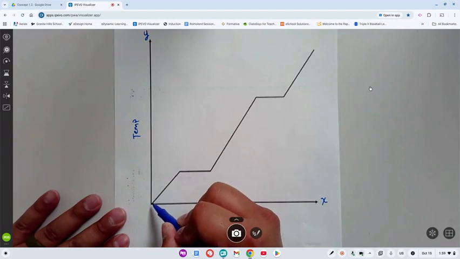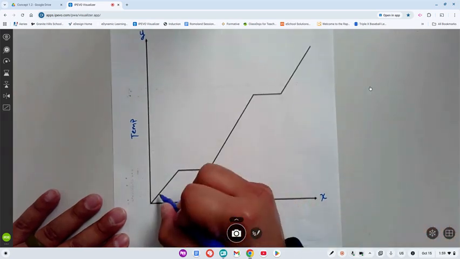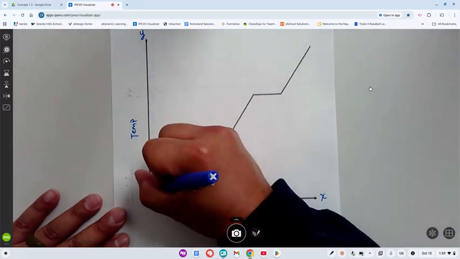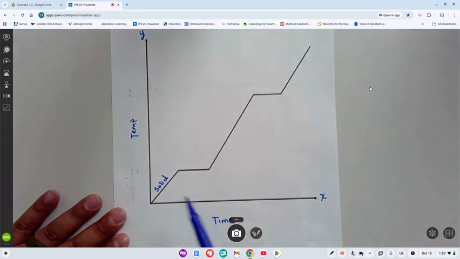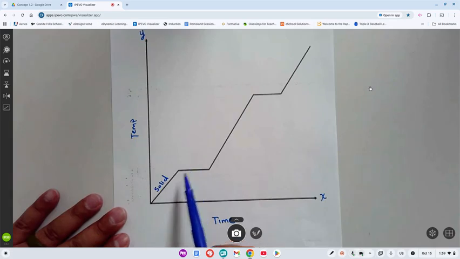So we know at lower temperatures, water is going to be turning into a solid. Okay, so right here, this line right here, currently our water is a solid. Okay, as we add thermal energy, eventually at a specific time, that solid is going to turn into a liquid.